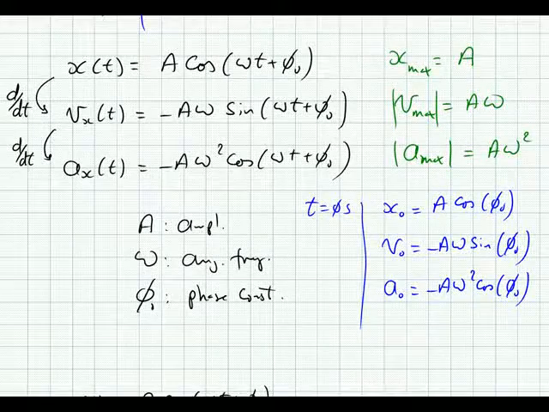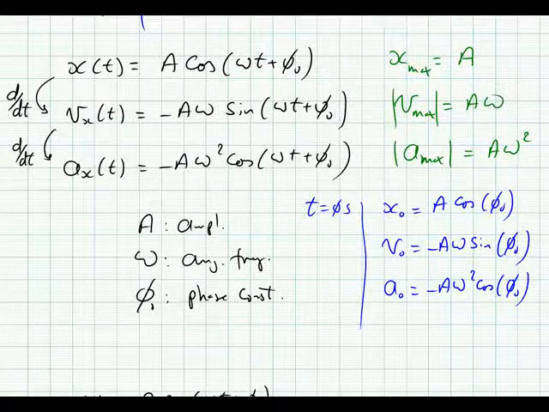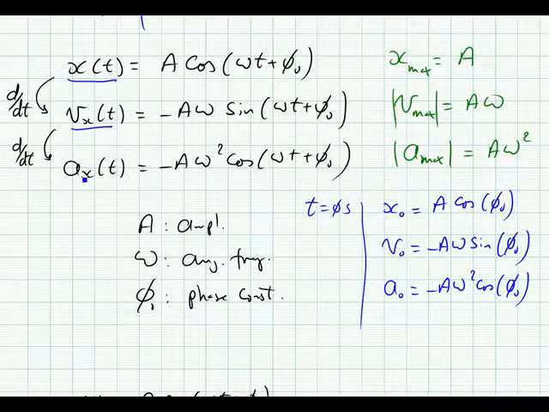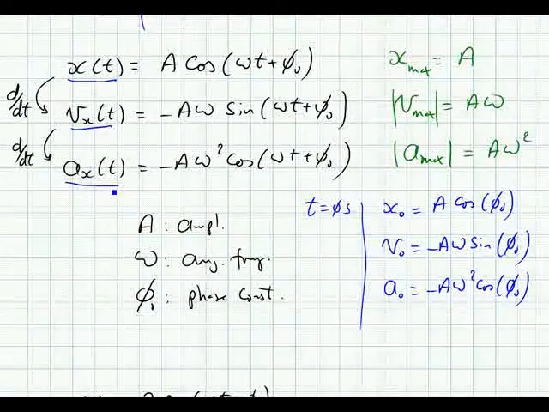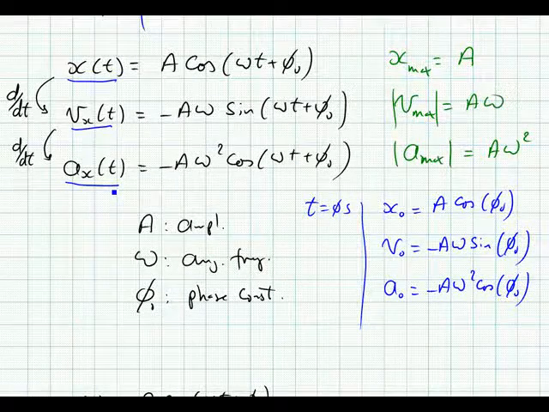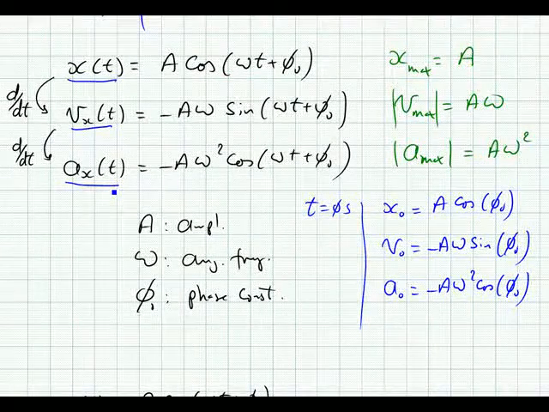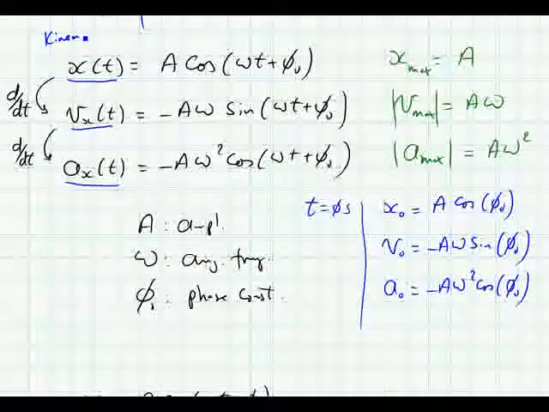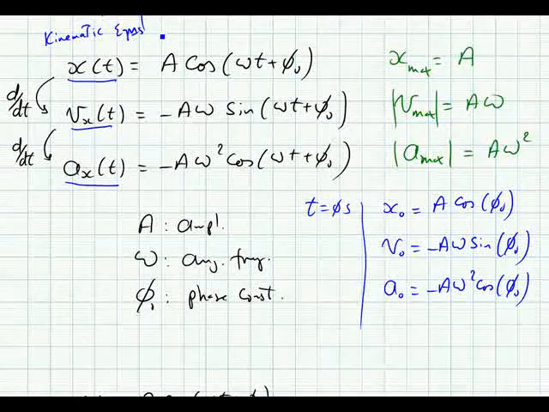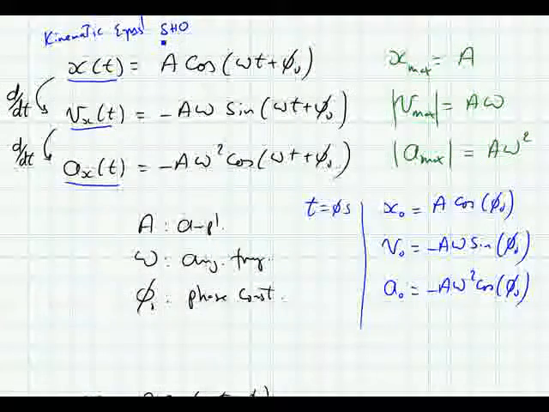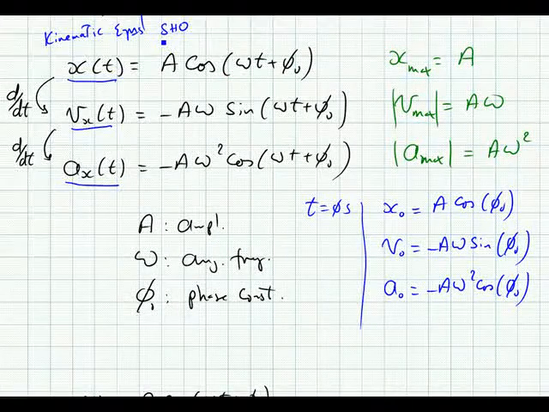Now, these equations describing position, velocity, and acceleration, which we derived by differentiating once and twice, are the kinematic equations of motion for a simple harmonic oscillator, or simple harmonic motion kinematic equations.